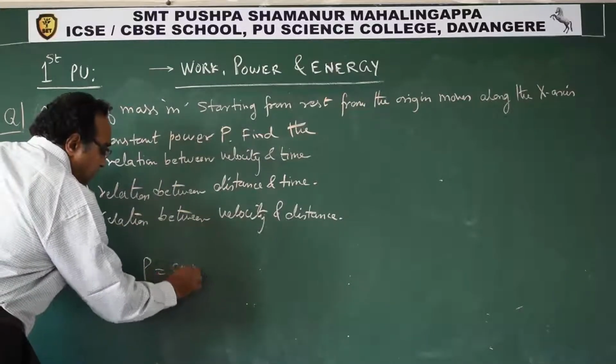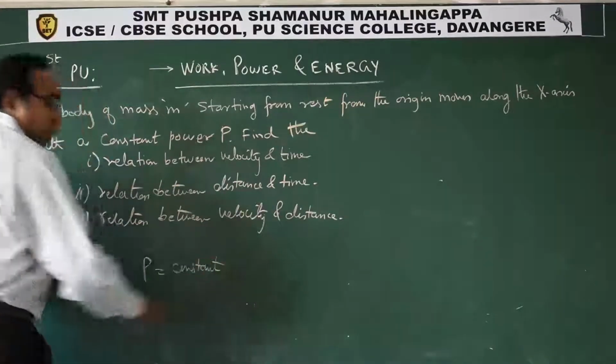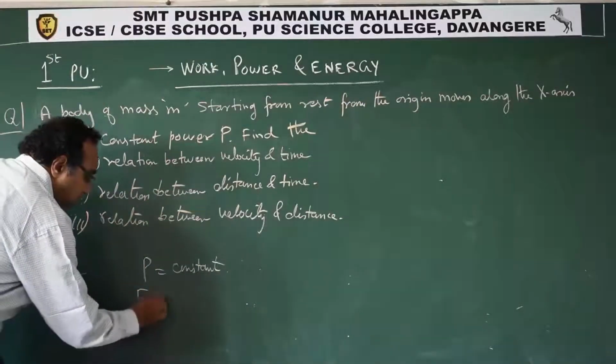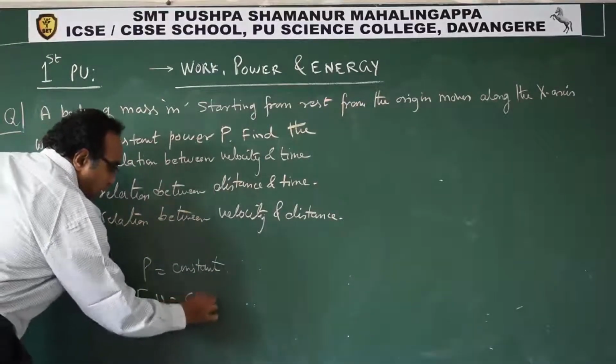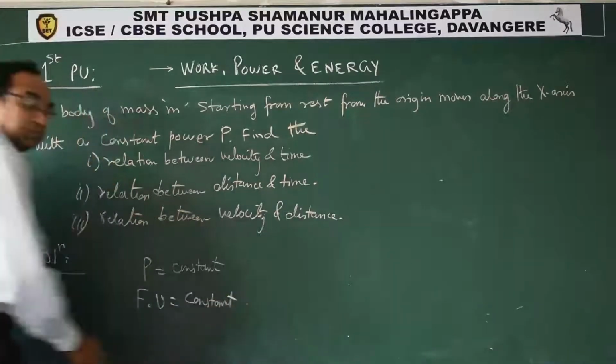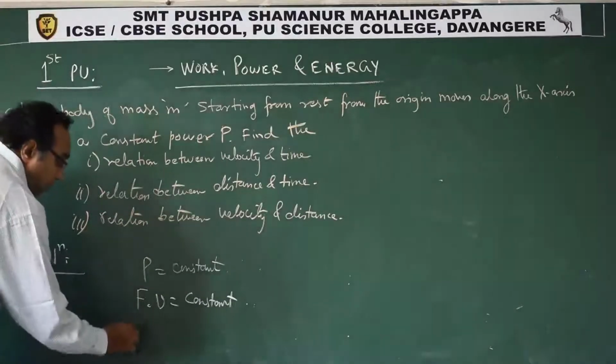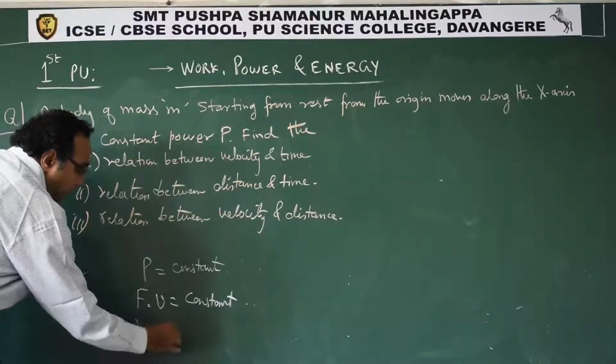So what it says, P is constant. This is what is given. Power is constant. And what is power? We can write force into velocity is constant. So force is what? Mass into acceleration into velocity.